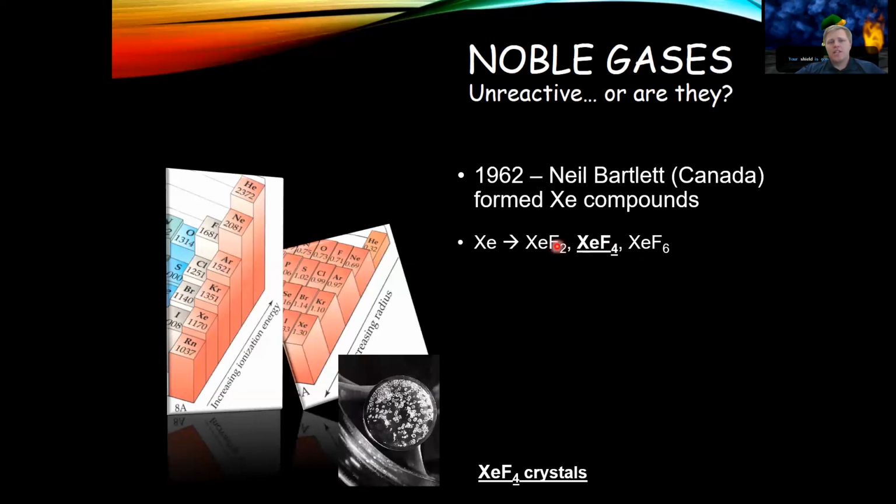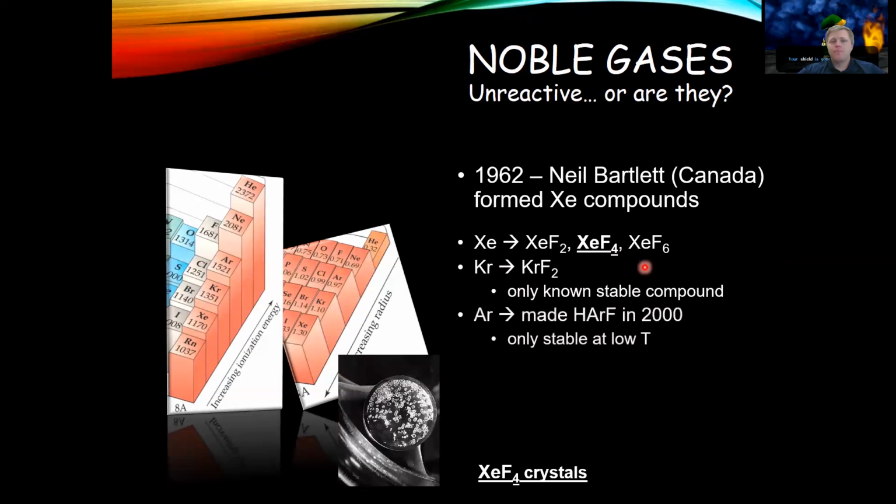But these aren't actually the only structures of noble gas compounds that have been discovered. So krypton was eventually made to react with fluorine to get KrF2, and that's the only known stable molecule containing krypton that we know about.